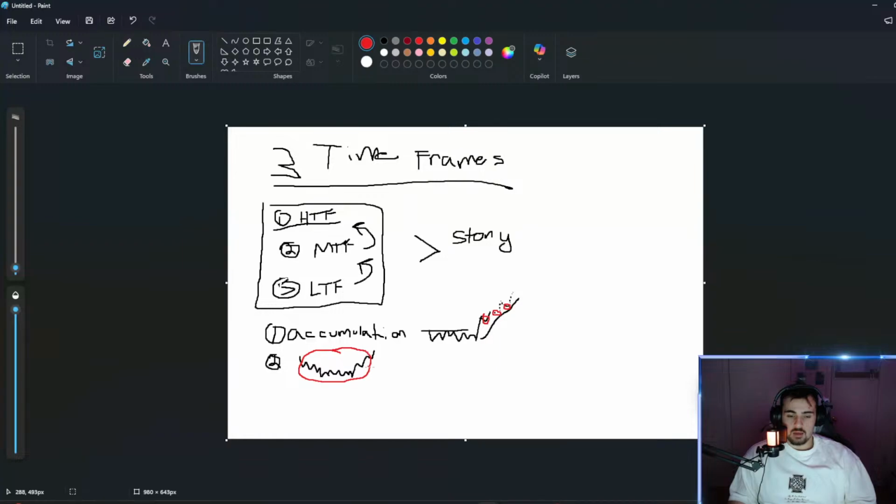This schematic will happen inside these points here. And this is an important step in the overall story because it shows that the medium time frame is in alignment with the higher time frame.